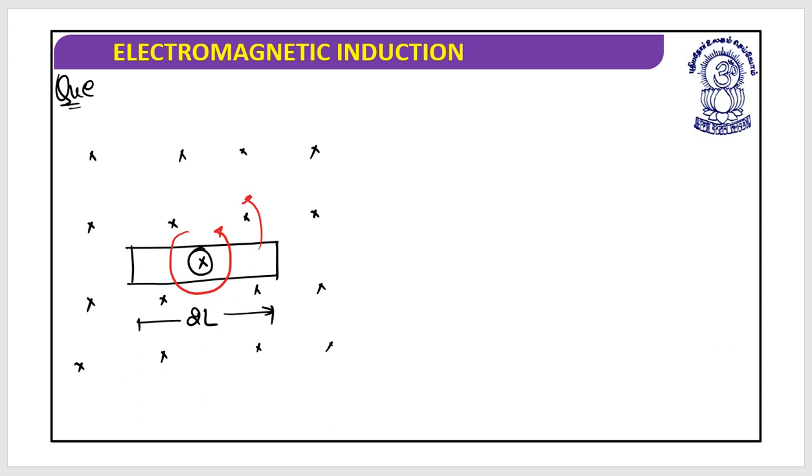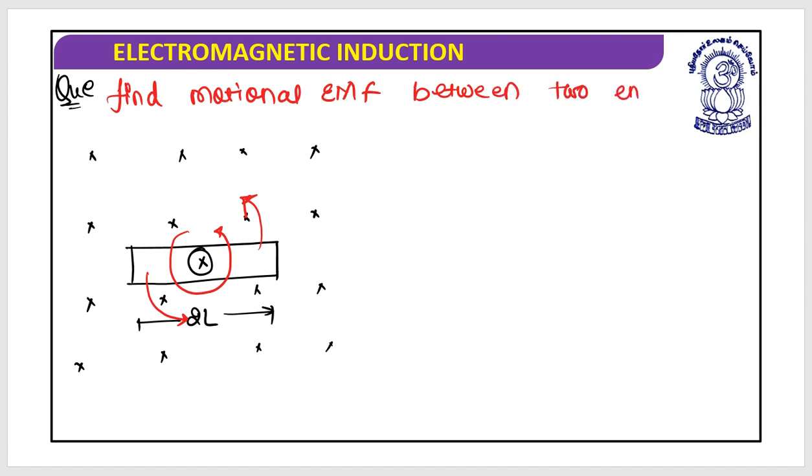So this end would move in this direction, and this end would move in this direction. The question is: find the motional EMF between the two ends of the conductor. How will I do this? What could be done?